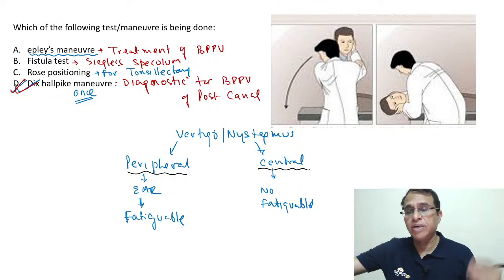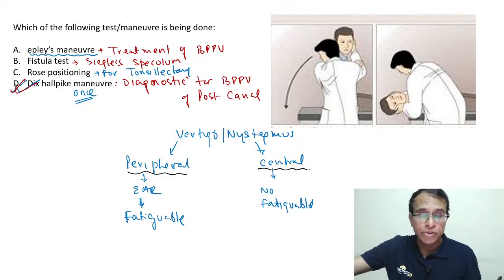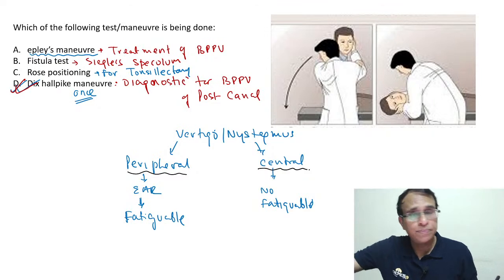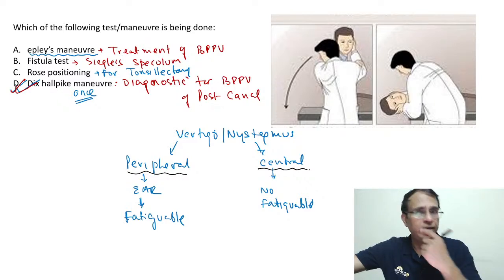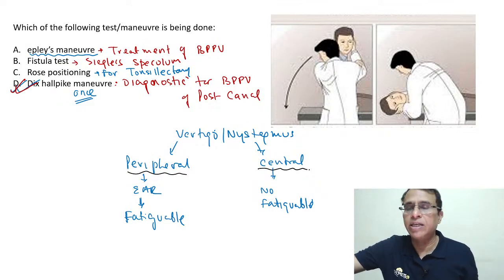This is discussed in medicine also, and ENT also. So again, it's given in the eGurukul app if you are interested, in the chapter on fistula test or caloric test. All the important differences between these two types of vertigo have been mentioned very clearly there with a table. So you can go and look at that.